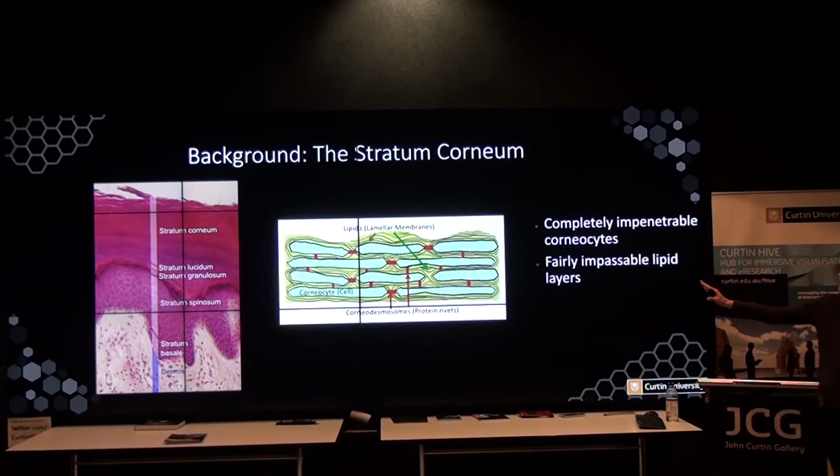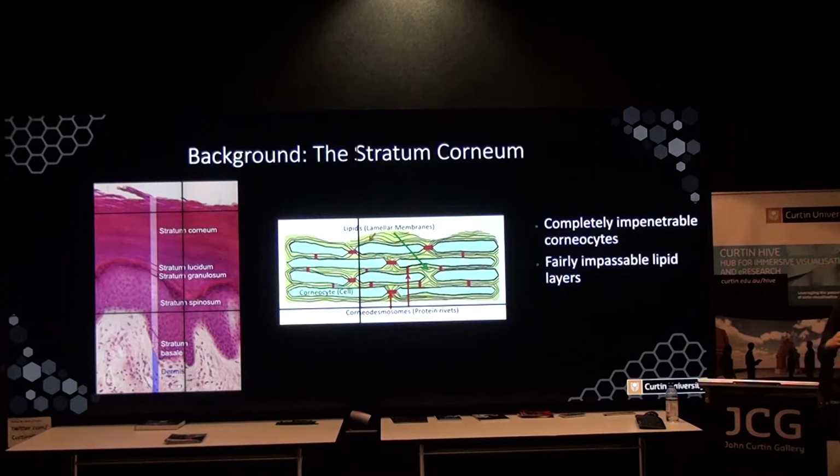So the stratum corneum is the very outer surface. On that image there, you can see the skin just flaking off. So it's the part that we look at every day. The dermis is the part of the skin that is still alive. And as it moves up into the stratum corneum, the cells slowly get more dehydrated, and they release some lipids that form multiple bilayers between each of them.